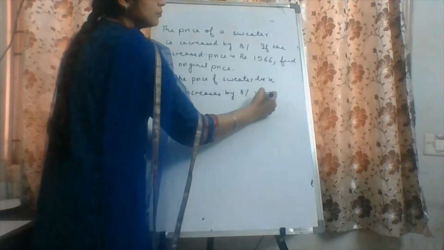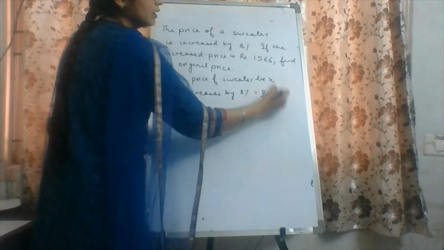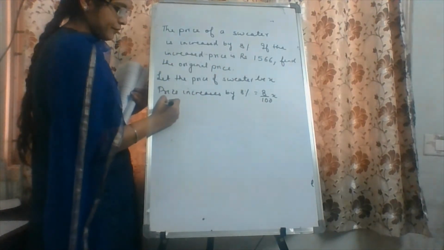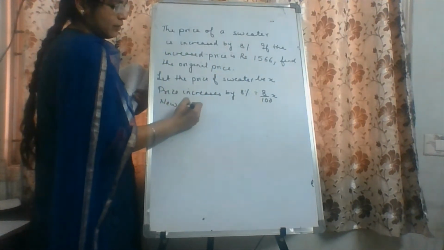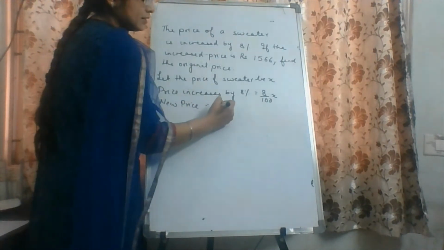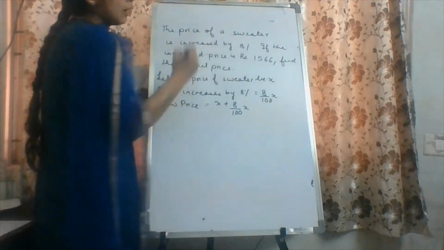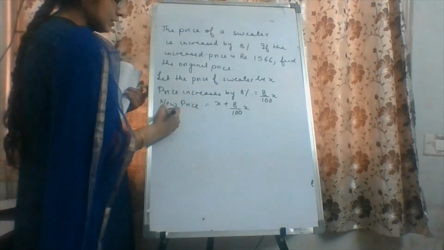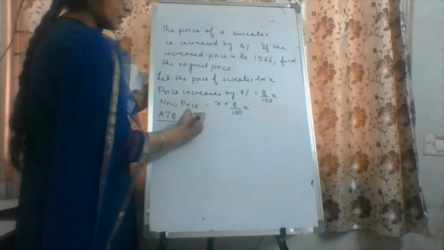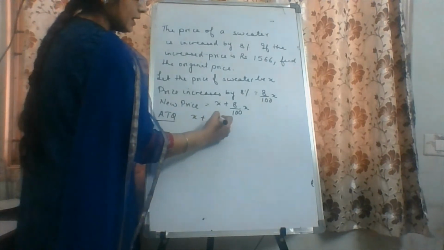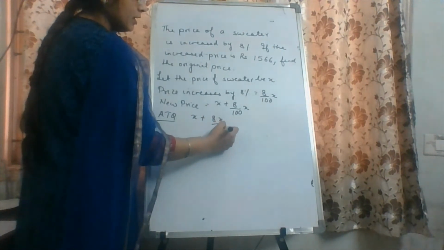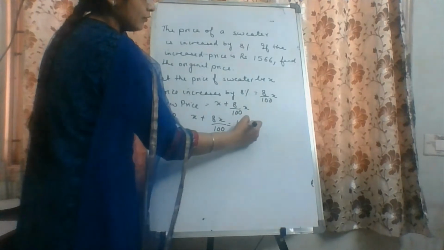That means 8% of X. New price is equal to X plus 8% of X. According to the question, new price is 1566. So X plus 8x upon 100 is equal to 1566.